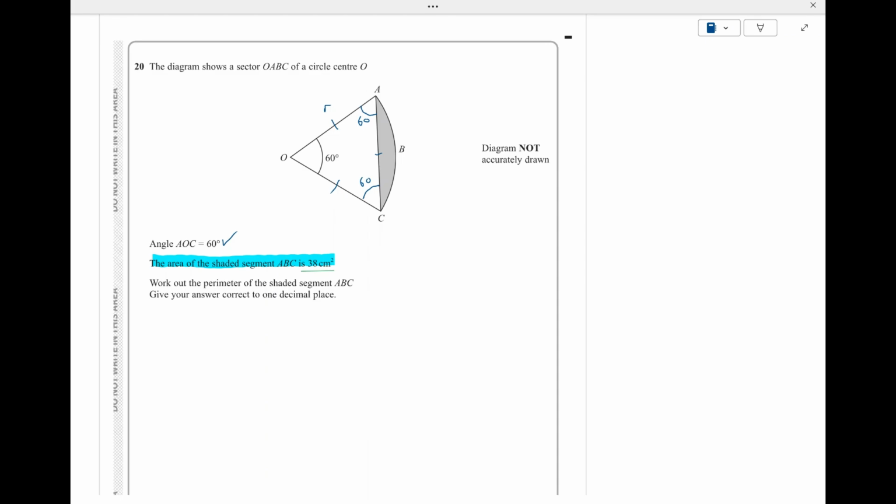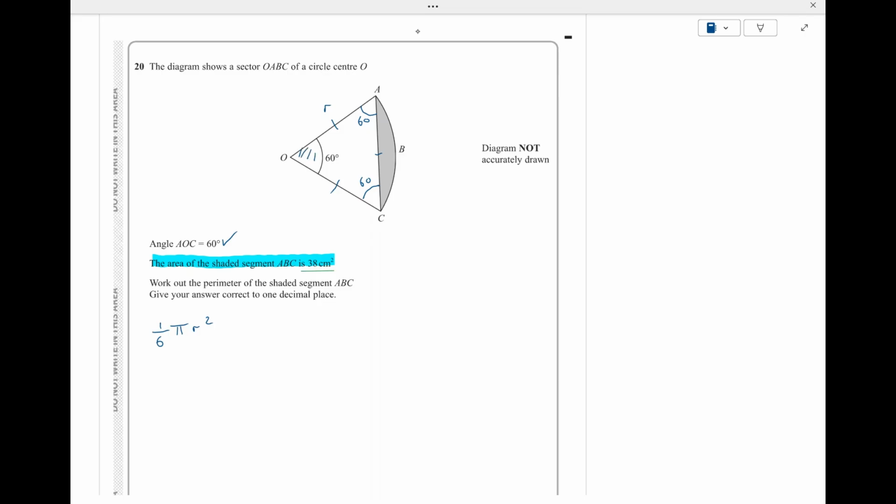Now, we need an expression for the shaded segment. The area of the shaded segment is the area of the sector, which is 1/6 of pi r squared. It's a sixth because it's 60 degrees out of 360.